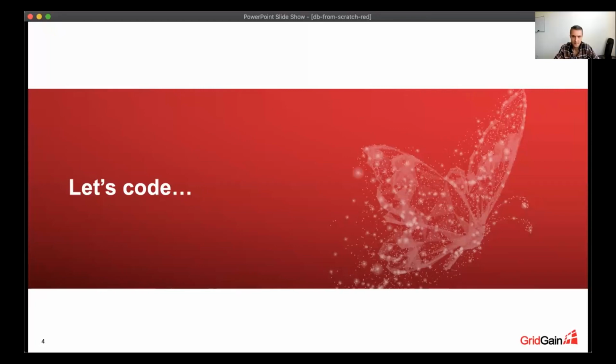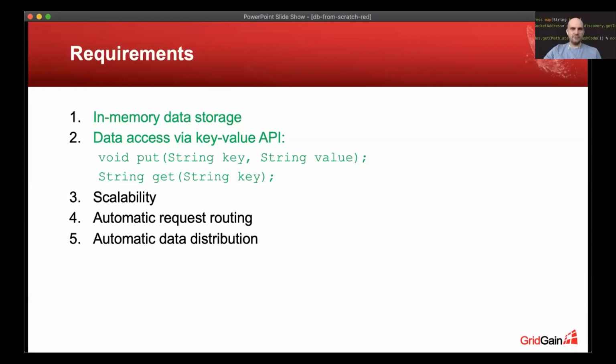Yes. All right, so again, we have those 5 requirements that I've outlined in the beginning. We basically have already covered the first 2. We have the storage and we have the API. Now, as Dennis said, we need to create a cluster.